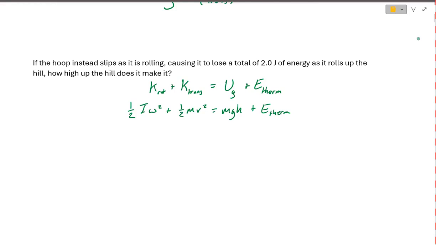No. So let's skip some steps here. V squared equals gh plus my 2 joules of thermal energy. So to solve for height, we have to do v squared minus the 2 joules divided by g.